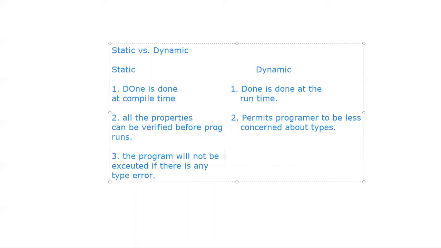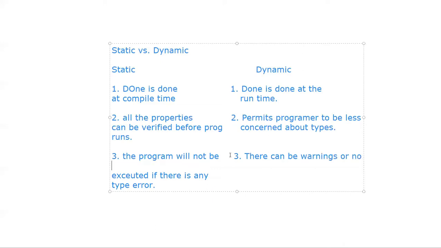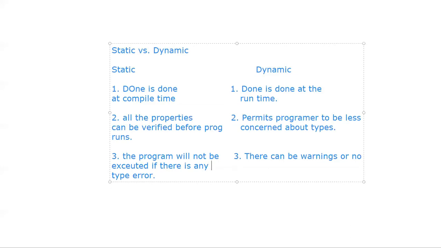But in case of dynamic checking, there can be warnings or no comments at compile time, which means how will you know that there is an error? You can only identify it if your program is going to run and you are finding some logical error or your program is generating some exceptions, right?